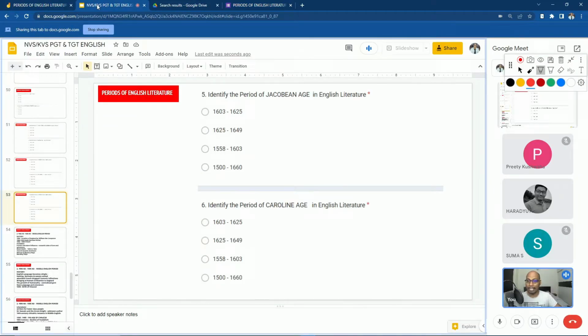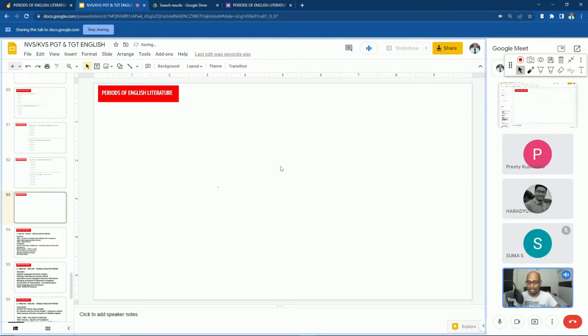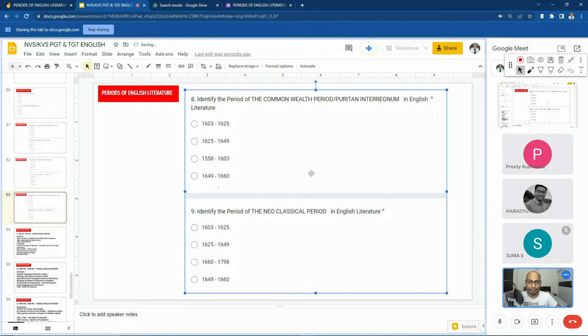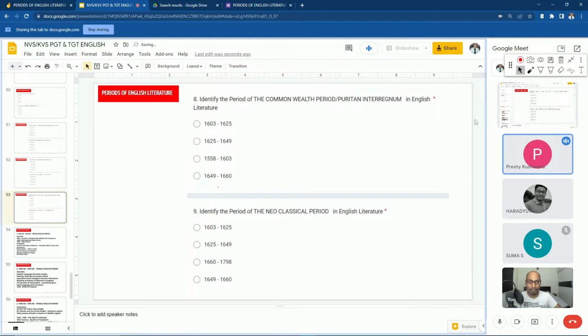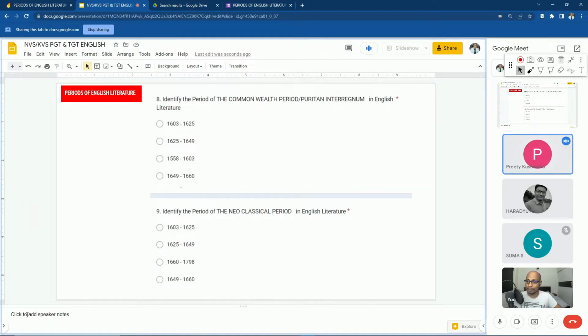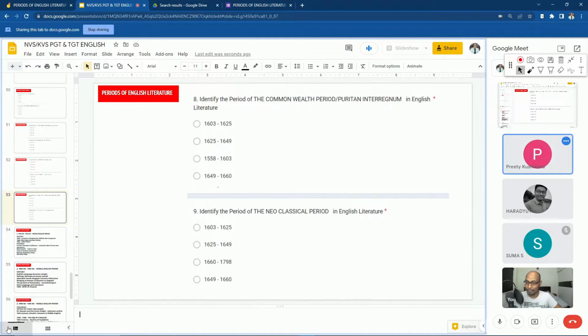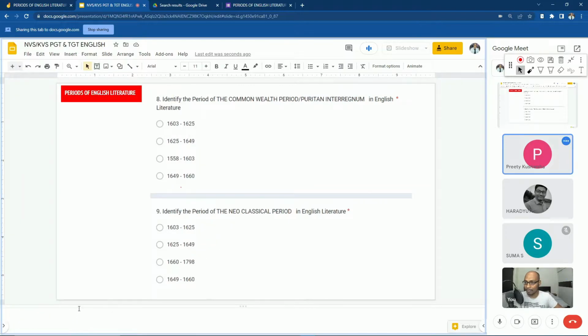Start from the beginning again. Old English period, 450 to 1066. Correct. 1066 to 1500 is the Middle English period. 1500 to 1660 is the Renaissance period.